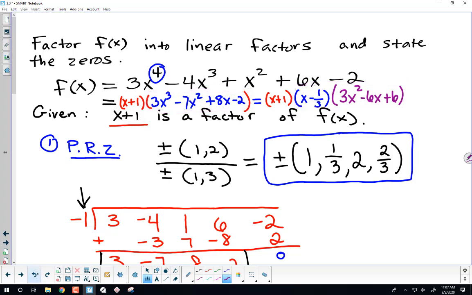Any questions on where we're at or what we've done? It's a lot to stitch together, but you see that the process is the same every time. Find a 0, divide it in synthetic division, and you just sort of chip away at it.